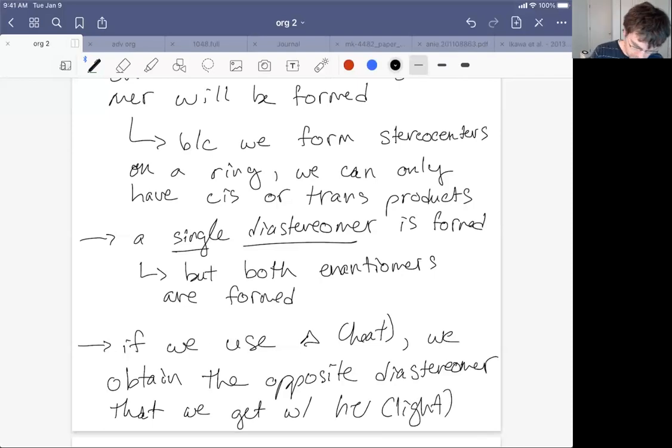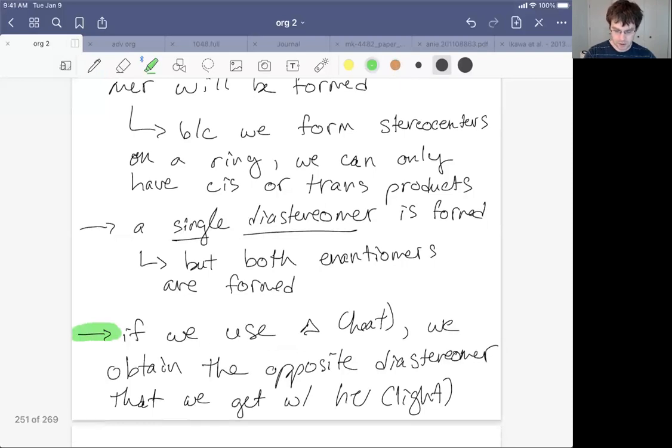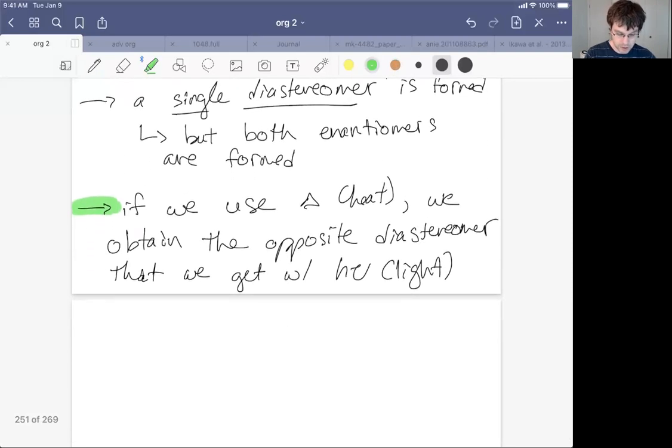Well, that's pretty cool. And that's an important bullet point to make note of. I've always said let's use heat or light, but it turns out that if you can form diastereomers, you'll form the opposite diastereomer whether you're using heat or light. Now, that's really kind of profound.